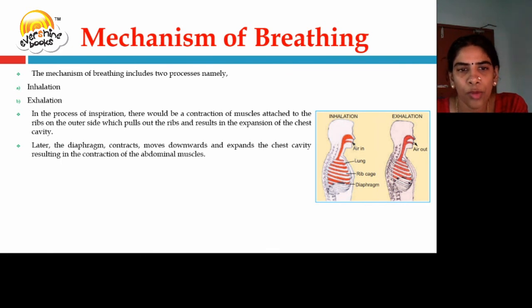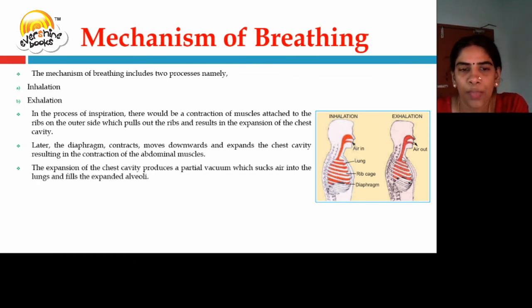Later, the diaphragm contracts, moves downwards and expands the chest cavity. Due to this, contraction of abdominal muscles takes place. The expansion of the chest cavity produces a partial vacuum which sucks air into the lungs and fills the expanded alveoli.